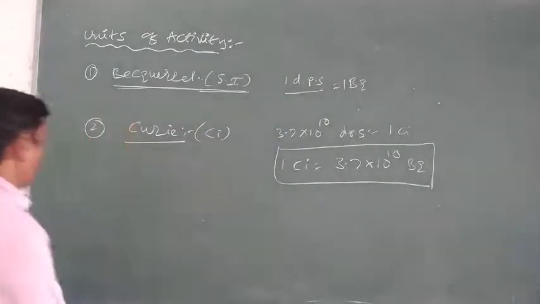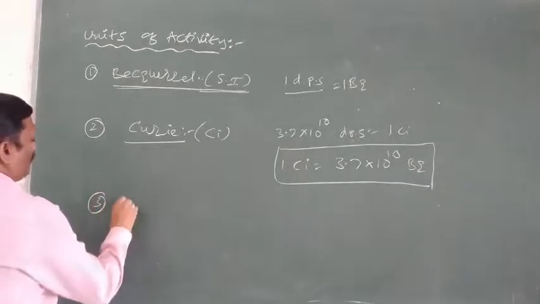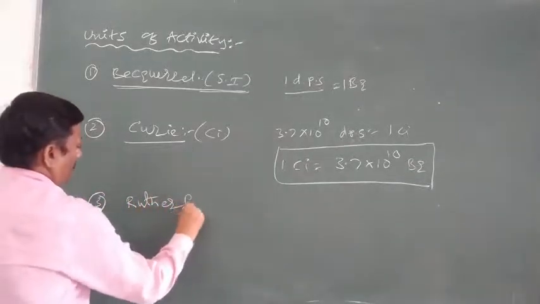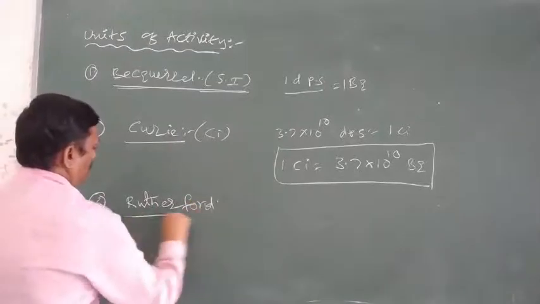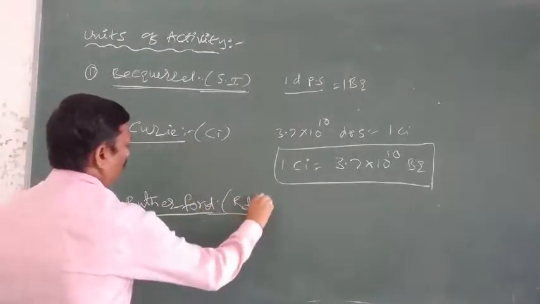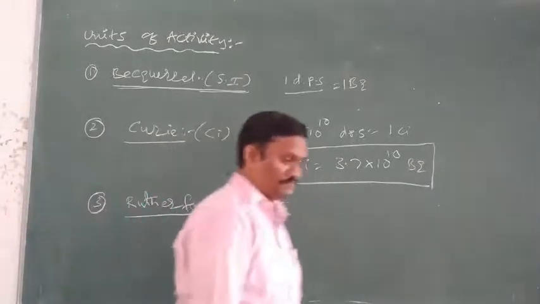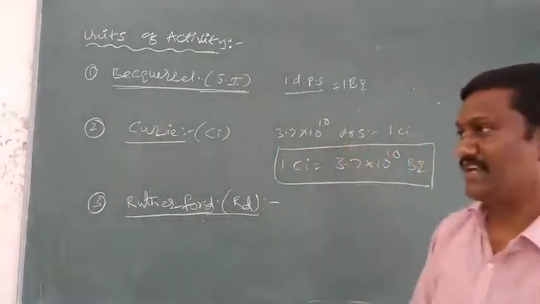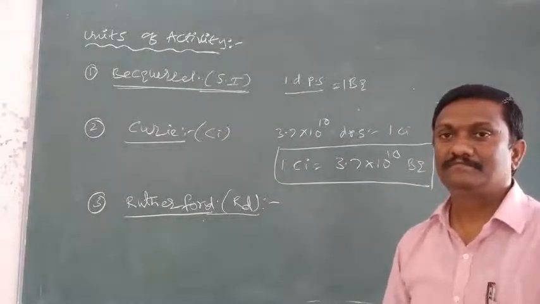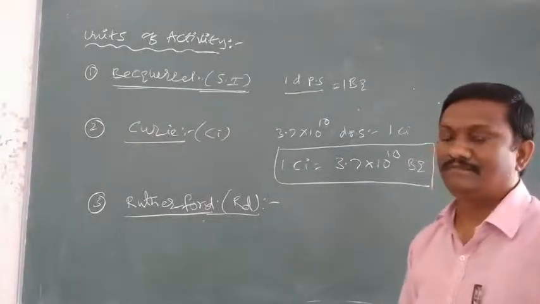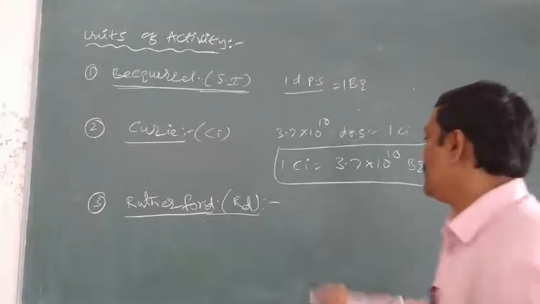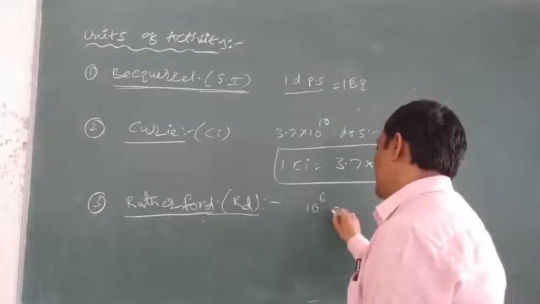Next, the last unit of radioactivity is Rutherford. The symbol of Rutherford is Rd. It is also a scientist's name and one more unit of radioactivity. But what is meant by 1 Rutherford?